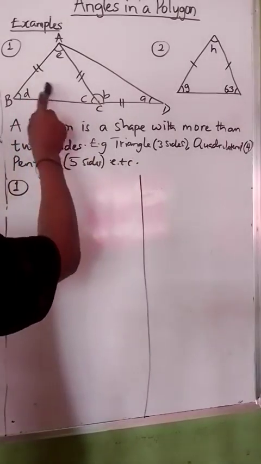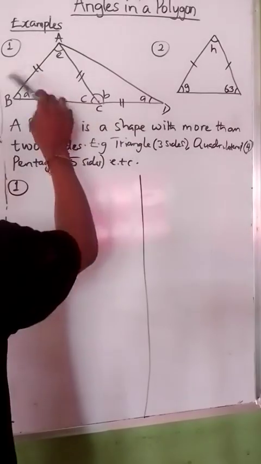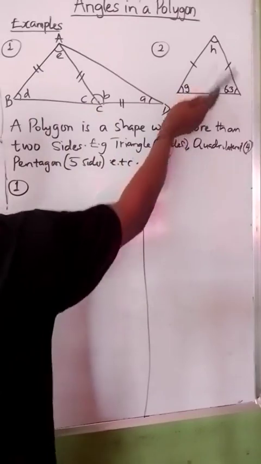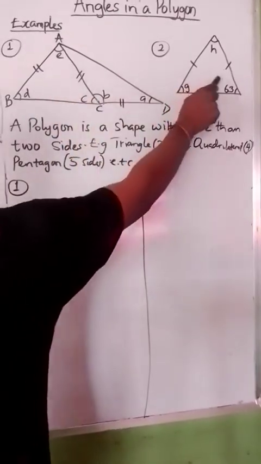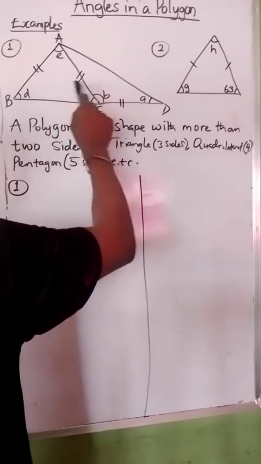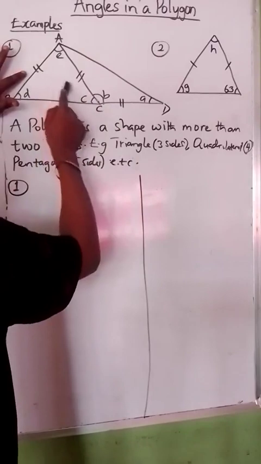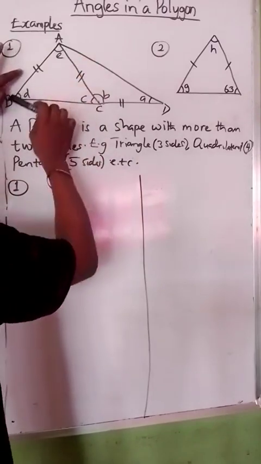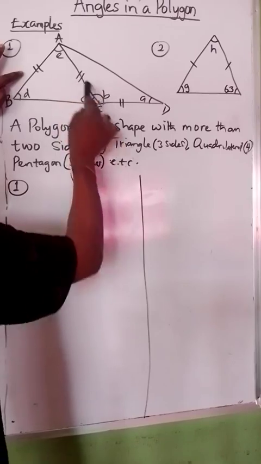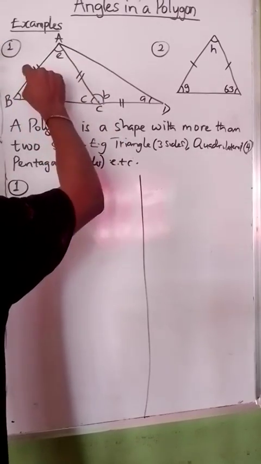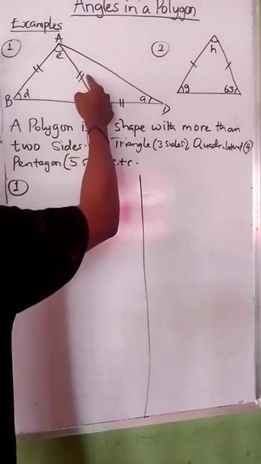This double sign could also be one single sign, or it could be two. Whichever one, this sign is telling us that this line and this line are equal. Meaning that if this line is 5 centimeters, the other line will be 5 centimeters.